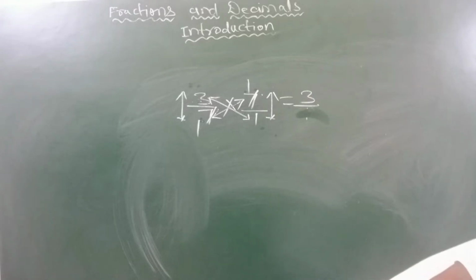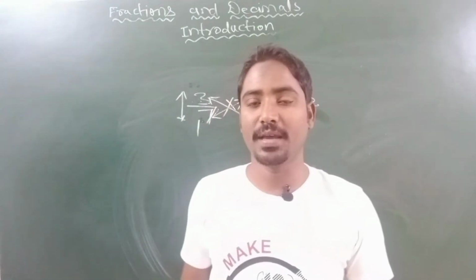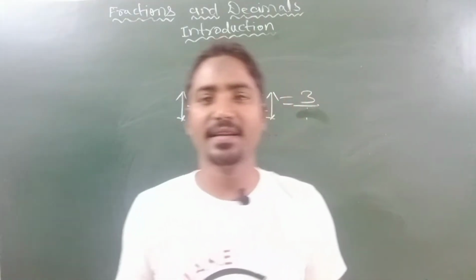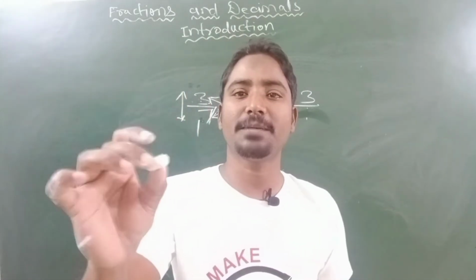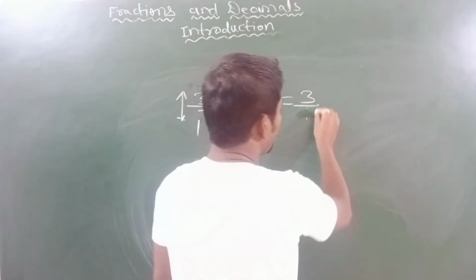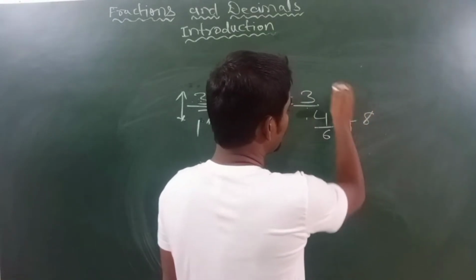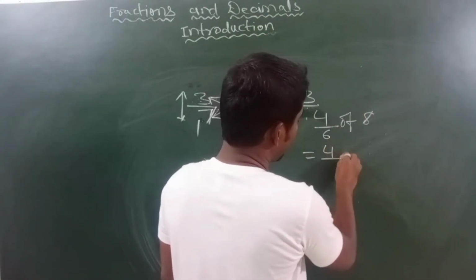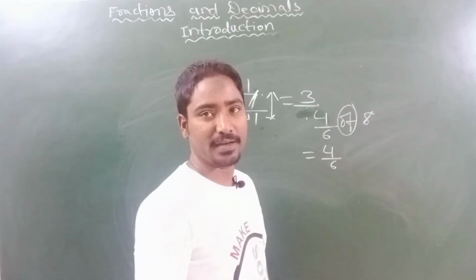Now your next topic, students, is the meaning of the operation of. Anywhere if you find this term of, then in mathematics of means multiplication operation. Like suppose you have to find 4 upon 6 of 8, so this of will be replaced by a multiplication sign, students.